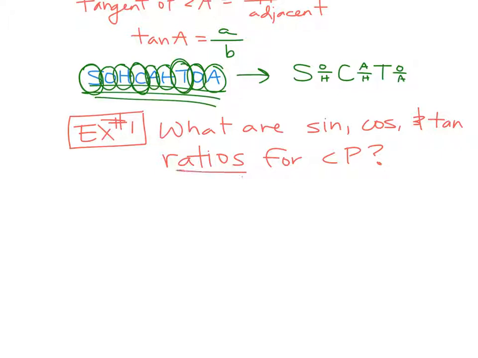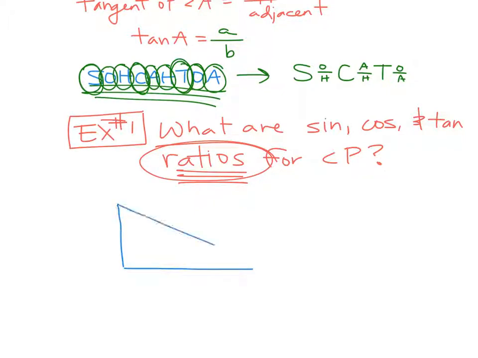Notice how I'm asking this question, because what you'll do a little bit later is not going to be questioned or asked like this, and you do something different. So when they're looking for the ratios, this is what you will do. You will have a triangle that is given to you.